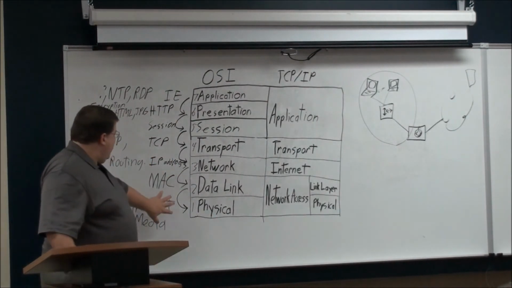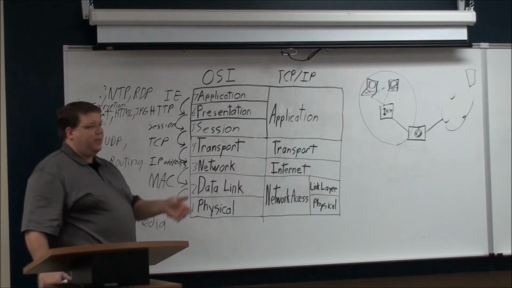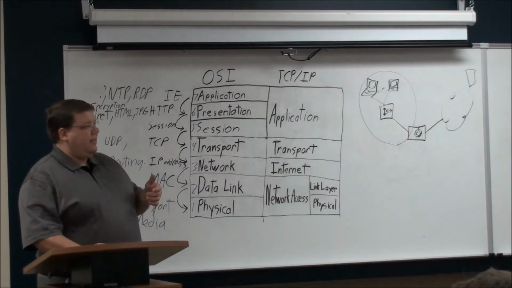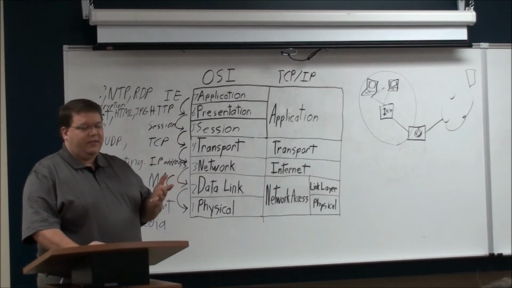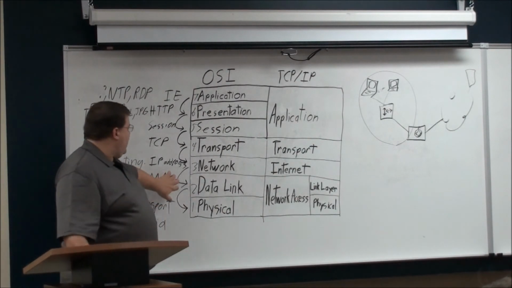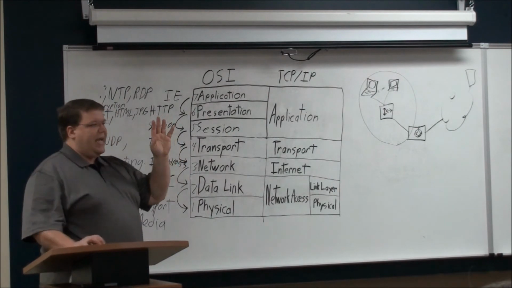Physical layer. Down here, this is where you actually have cabling and devices like hubs. Hubs don't look at MAC addresses. All they do is receive a signal and transmit it back out.